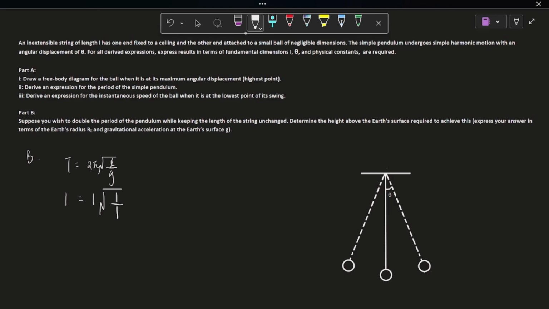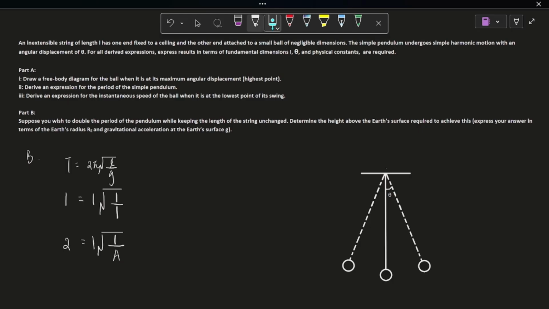However, we're trying to double the period. So T becomes 2T, and is equal to 2 pi, which will never change, times the square root of L. L is still 1 because we cannot change the length of the rope or the string, over something. Let's just write A here. What number should we plug in over here in order to make the left side of the equation equal to the right side of the equation?